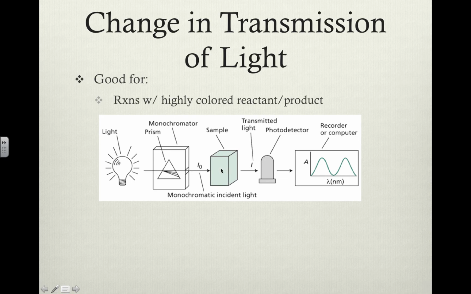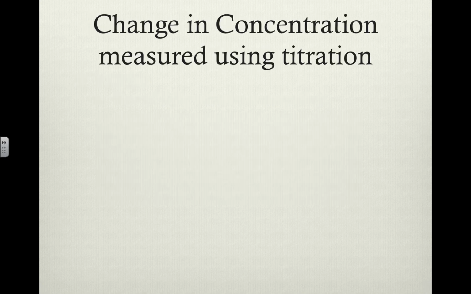Only some of the light passes through, and so then we measure what sort of light passes through it, and whether the sample becomes more saturated with color or less saturated in color. We can measure that absorbance of light versus time and measure the rate.